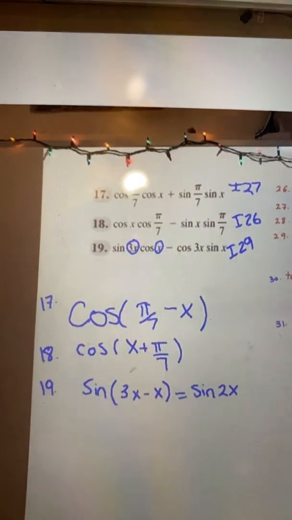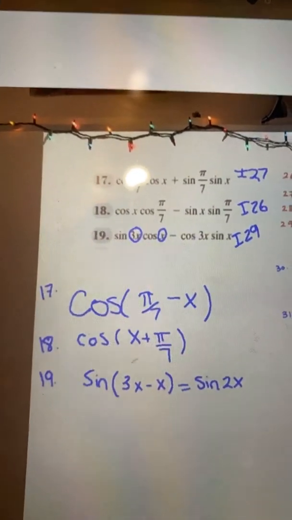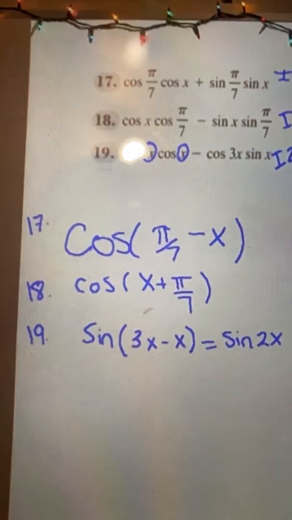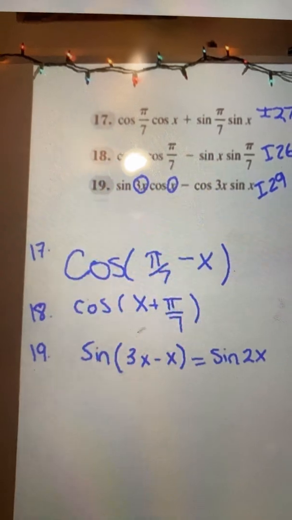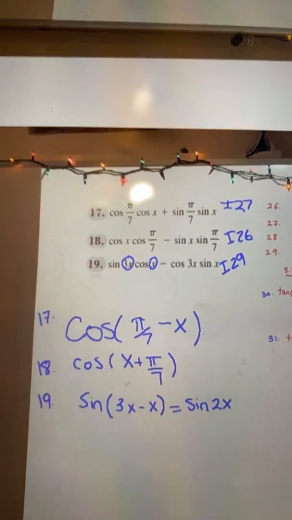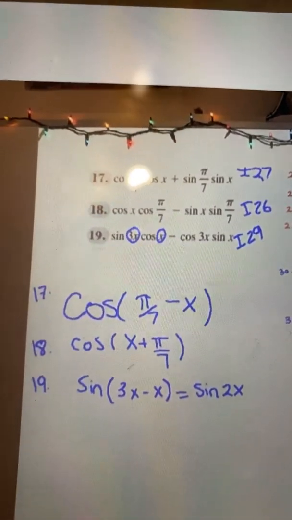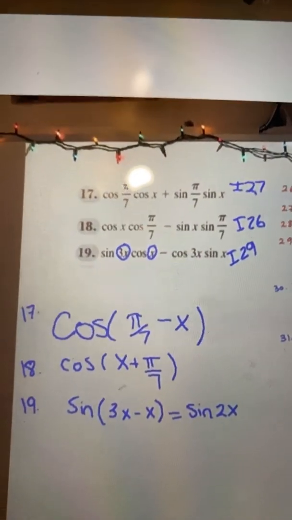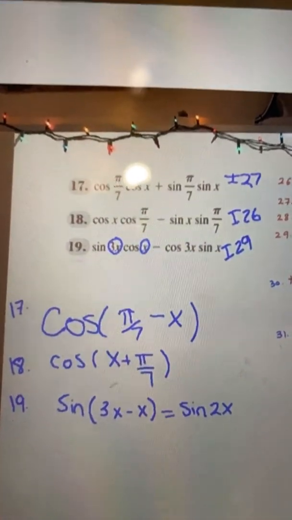The next one is very similar to the previous one, except that it's a subtraction. So with cosine, it's going to turn into a sum of two angles. The two angles are x and pi over 7. Number 19, sine, cosine, cosine, sine, which means it's a sine. When you see mixed, it means it's a sine, and the sign goes with whatever you have.